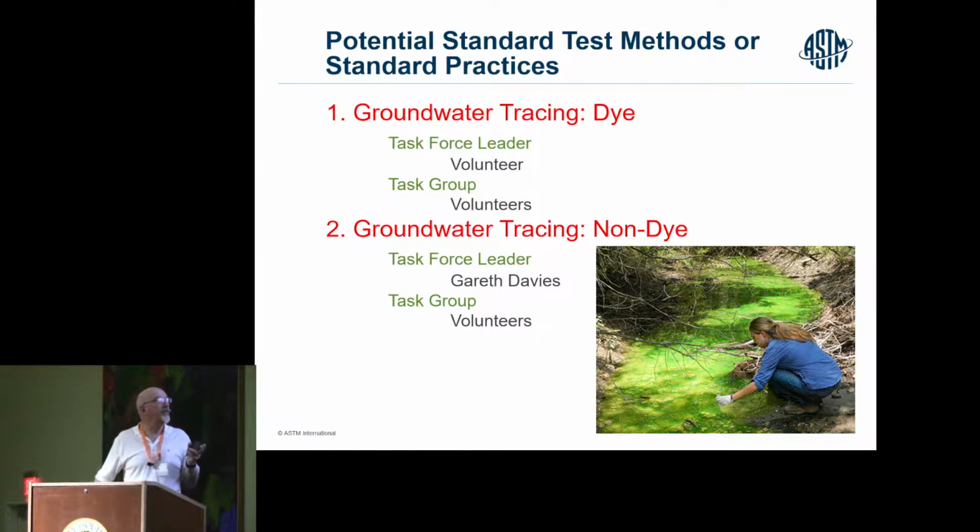I'm not familiar with that, but apparently there is somebody who is very familiar with it, Garth Davies. I don't know who he is. Is he here? No. So hopefully we didn't just volunteer him. Hopefully he volunteered. But he needs help putting together a non-dye tracing effort. That would be a standard.